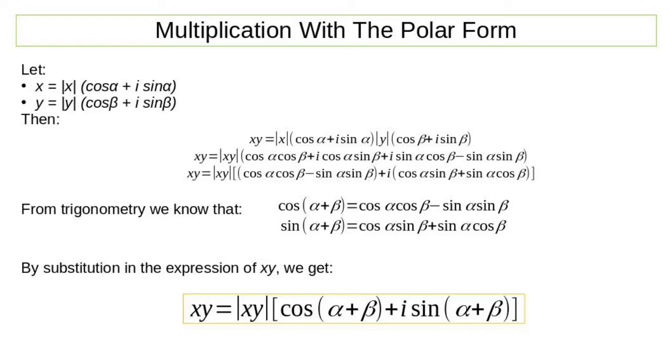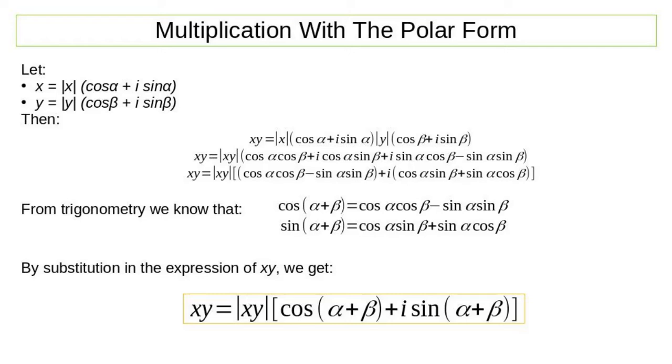And to see what it means to multiply two complex numbers geometrically, let's consider two complex numbers x and y, expressed as absolute value of x times cosine of alpha plus i sine of alpha, and absolute value of y times cosine of beta plus i sine of beta. We can calculate their product as we did before, when we calculated the multiplication of two complex numbers in their algebraic form.